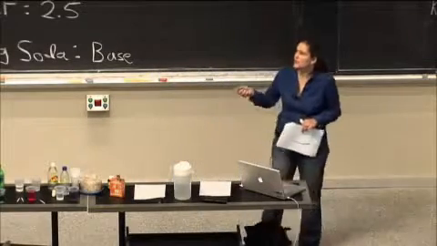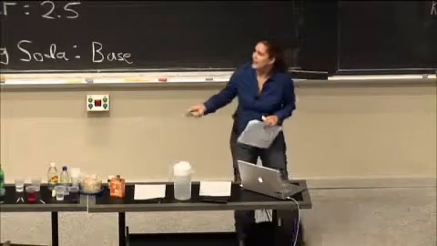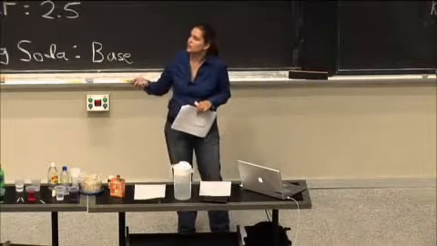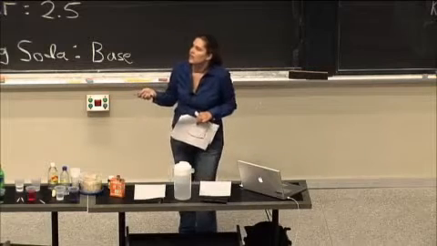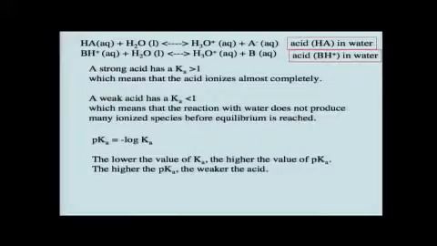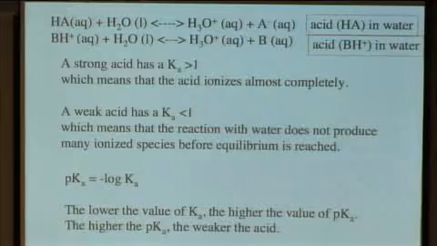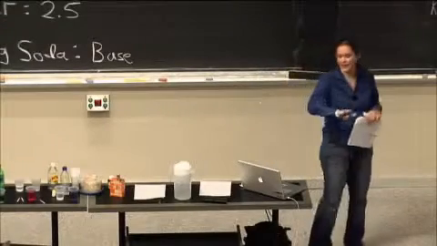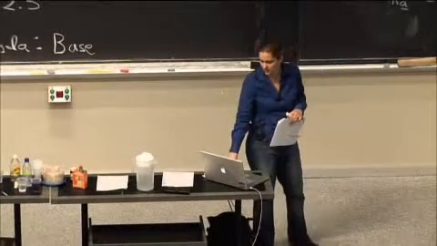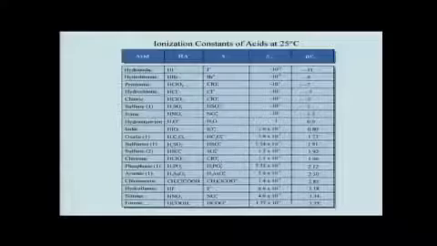So you can tell if something is a strong acid or not by looking at its Ka value, or alternatively, you can consider something called pKa. The pKa is minus log of the Ka, and if you have a low value of Ka, you'll have a higher pKa, and the higher the pKa, the weaker the acid. So you can look at Ka, or you can think about pKa in terms of whether something is a strong acid or not.